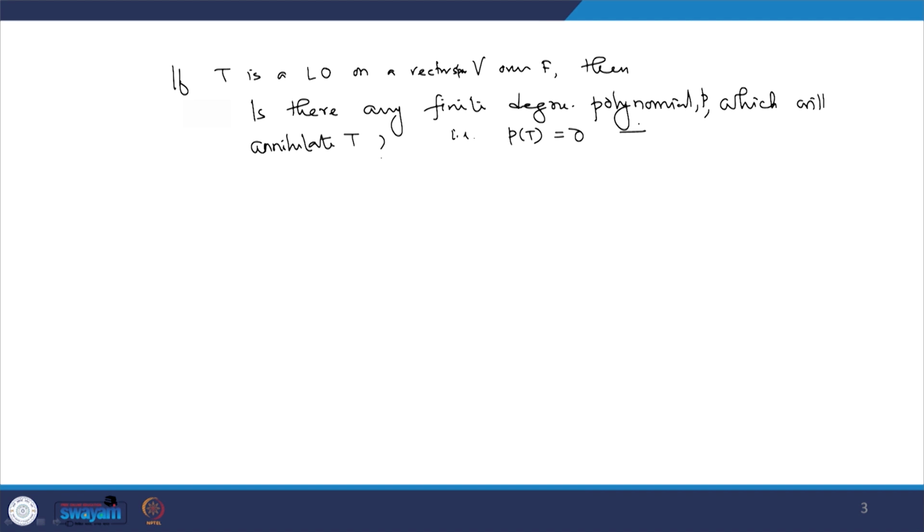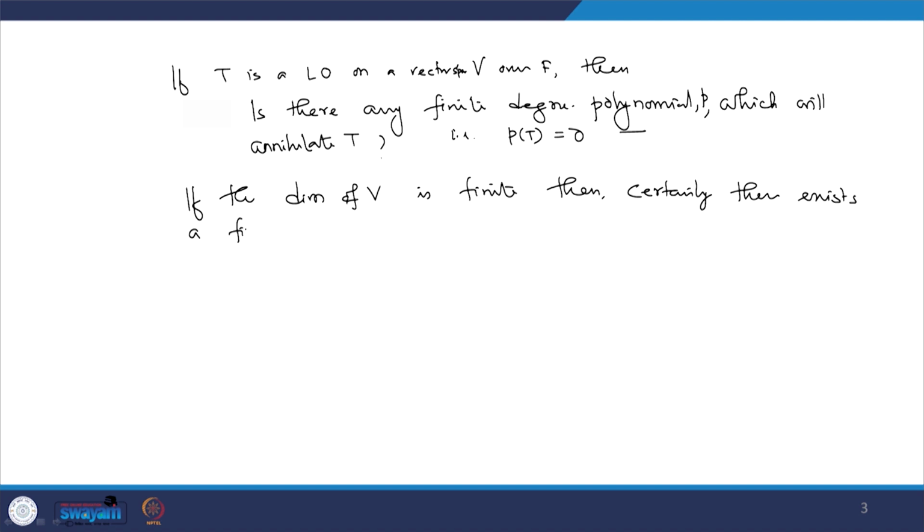But if the dimension of V is finite, then certainly there exists a finite degree polynomial P which annihilates T. This is the answer I am saying.